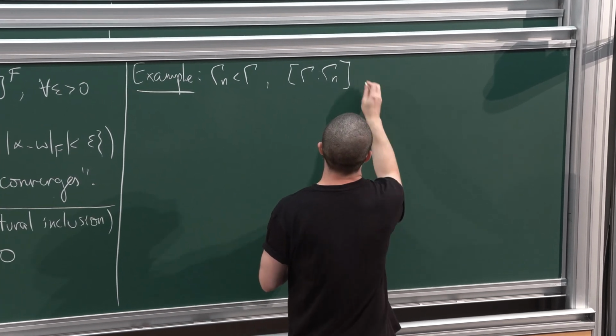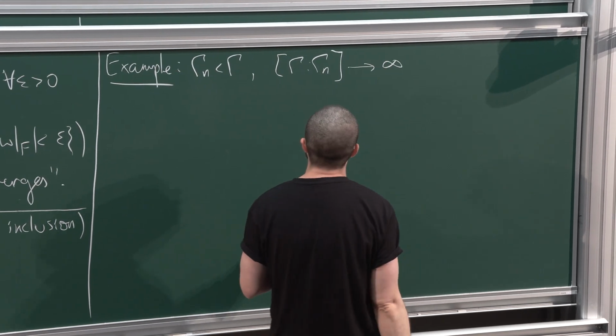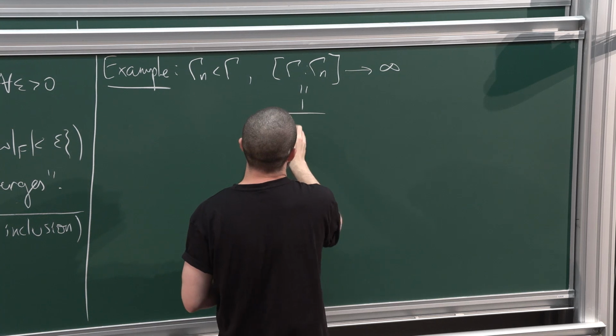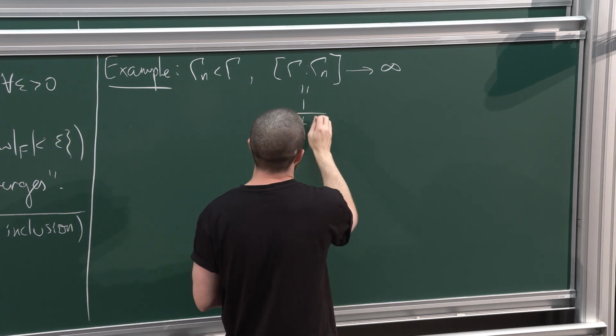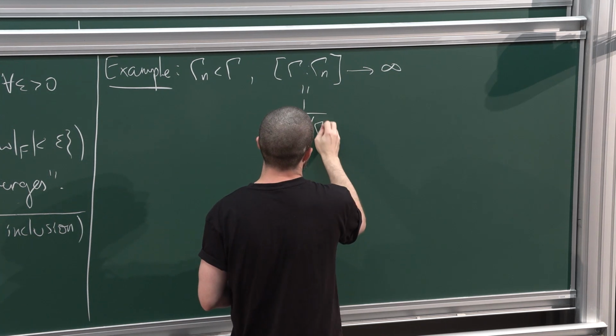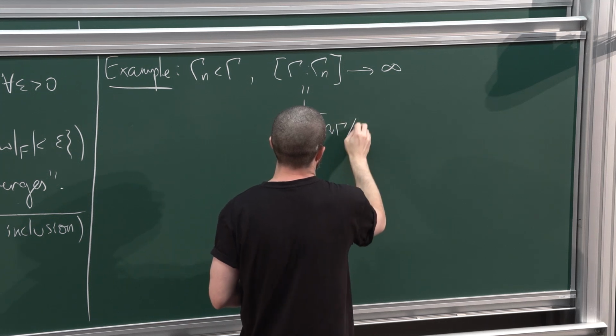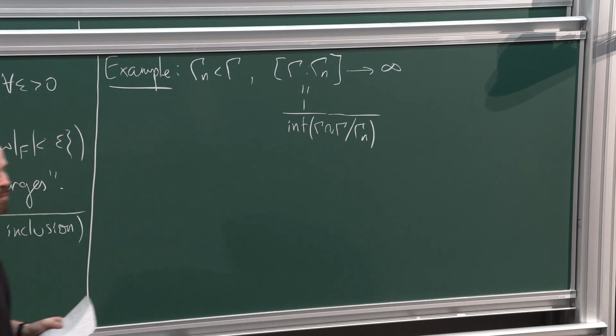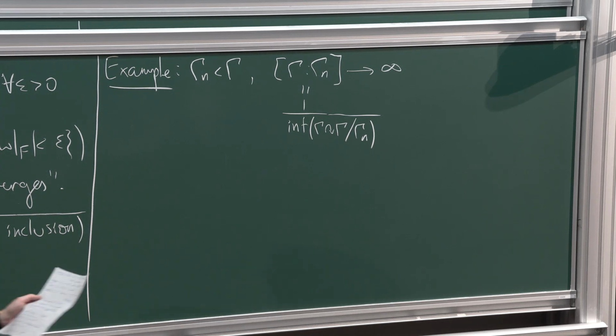This index, something I explained yesterday, is 1 over the intensity of the corresponding sequence of lattice shifts. So if the index tends to infinity, that's true if and only if the intensity of this sequence of lattice shifts goes to 0.